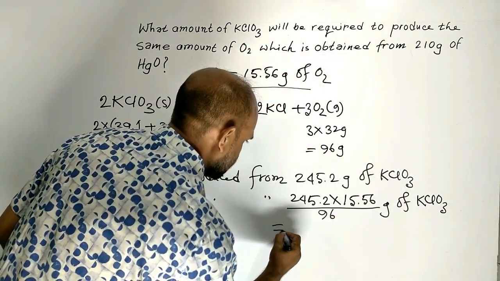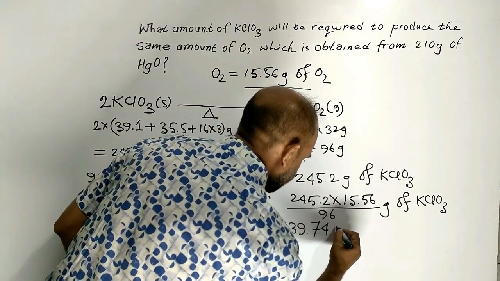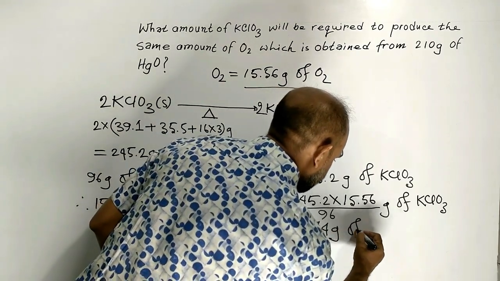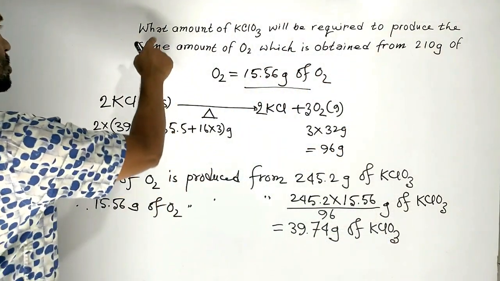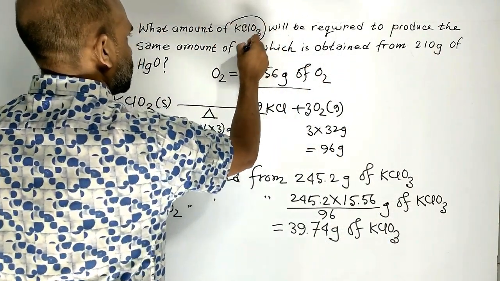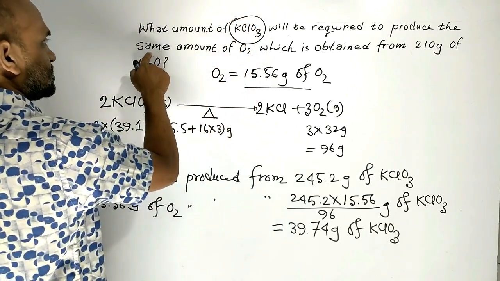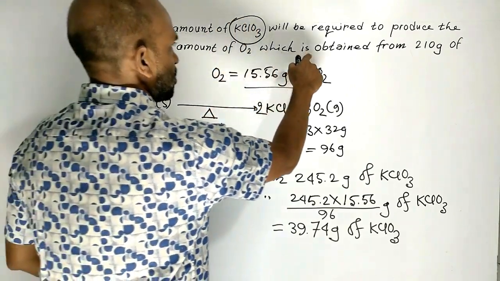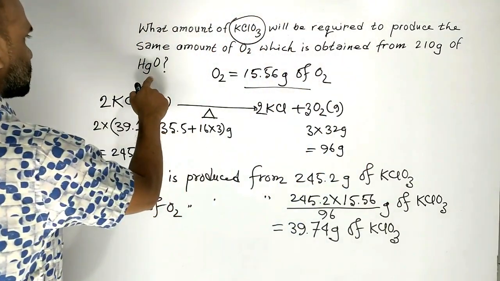This is equal to 39.74 gram of potassium chlorate. That is, this is the amount of potassium chlorate required to produce the same amount of oxygen which is obtained from 210 gram of mercuric oxide.